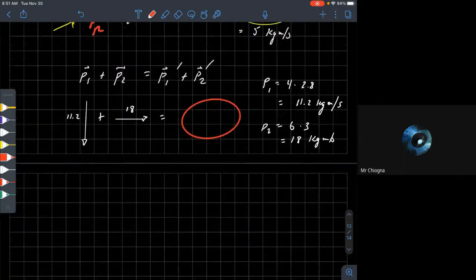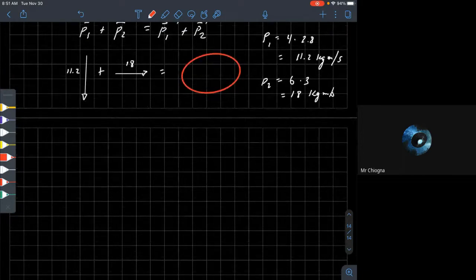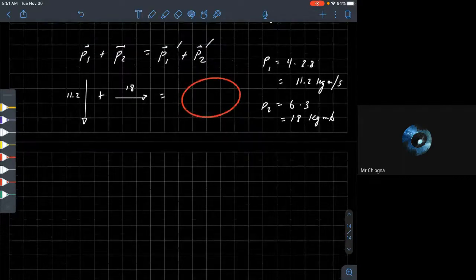Okay. Well, let's reread the problem. It says here, actually, just scoot to the last sentence. It says, the objects stick together. Right there, Mr. C4. Okay. So let's rewrite this.